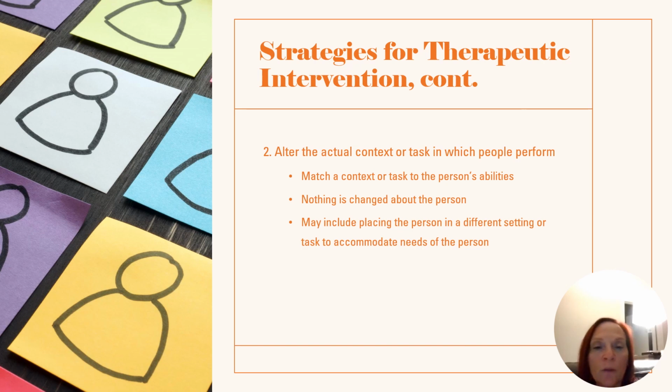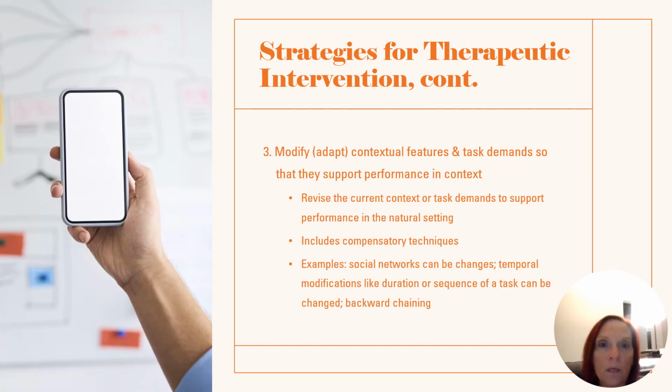Nothing is changed about the person in this one. So we're just altering the context. We may include placing the person in a different setting, maybe a different setting or task that they need. Then modify the contextual features and task demands. So we may revise the way they do something here.